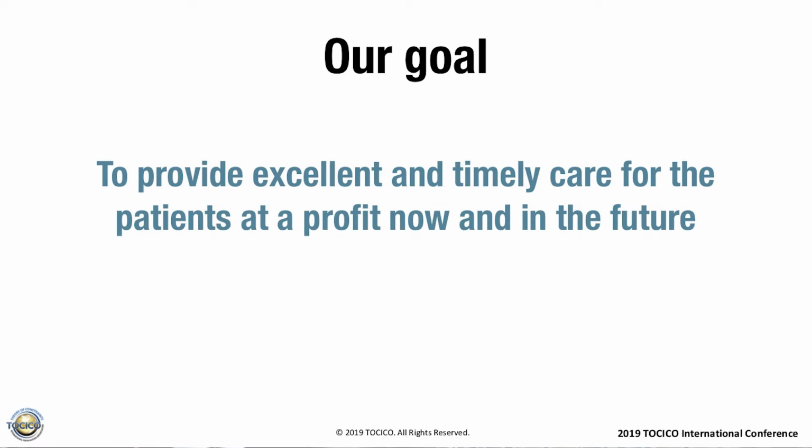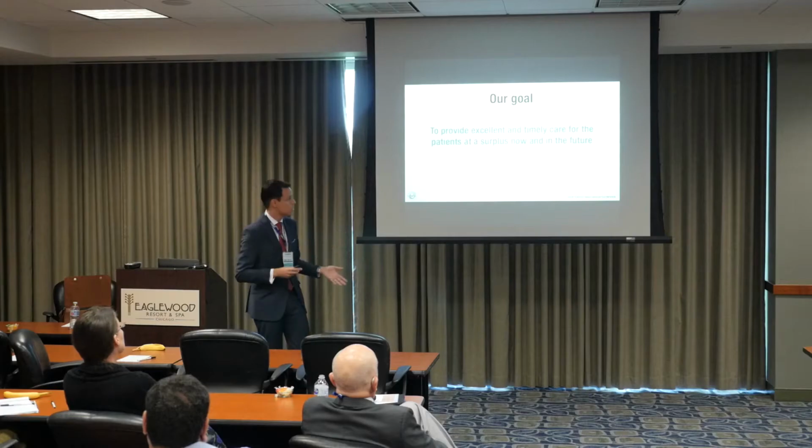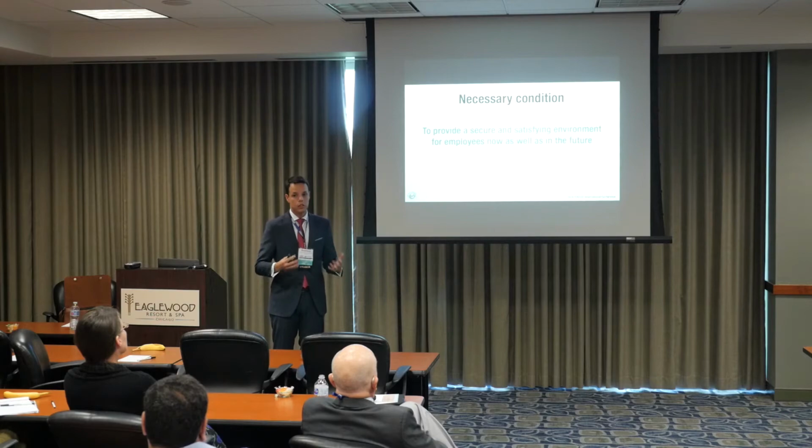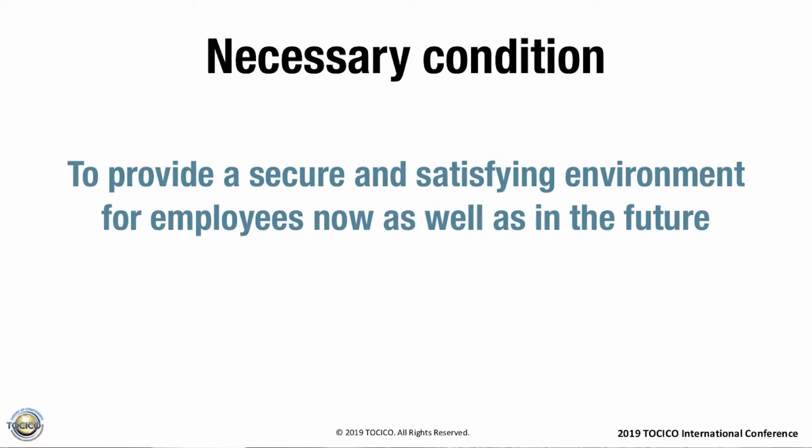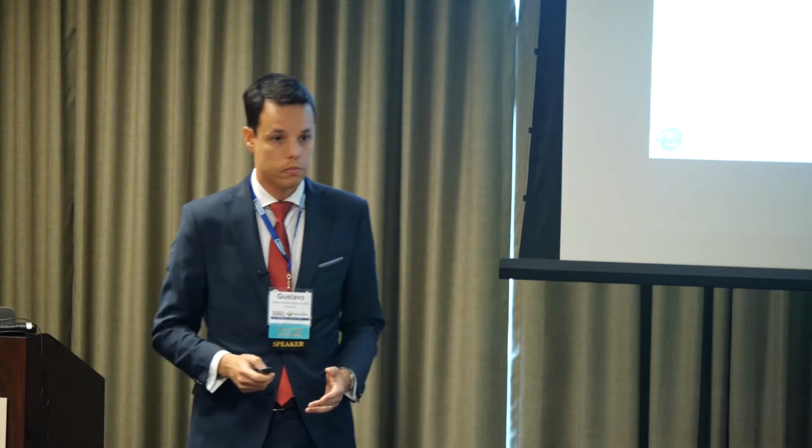That was our goal. I started defining it. And also we had a necessary condition. We had to provide a secure and satisfying environment for the employees, for the staff, and for me, and for the nurse, now as well as in the future.